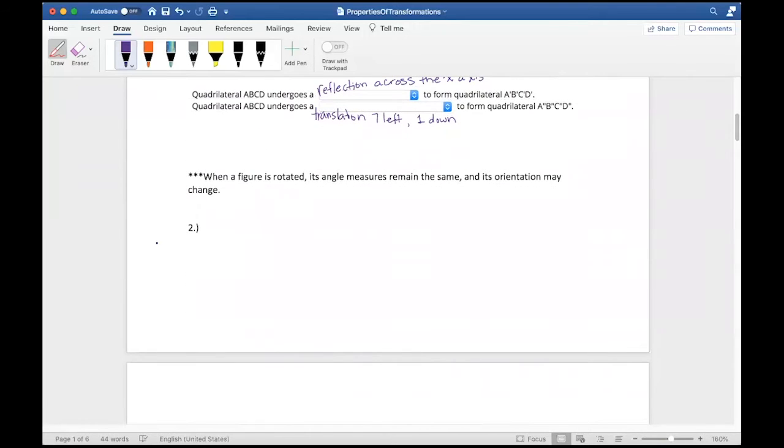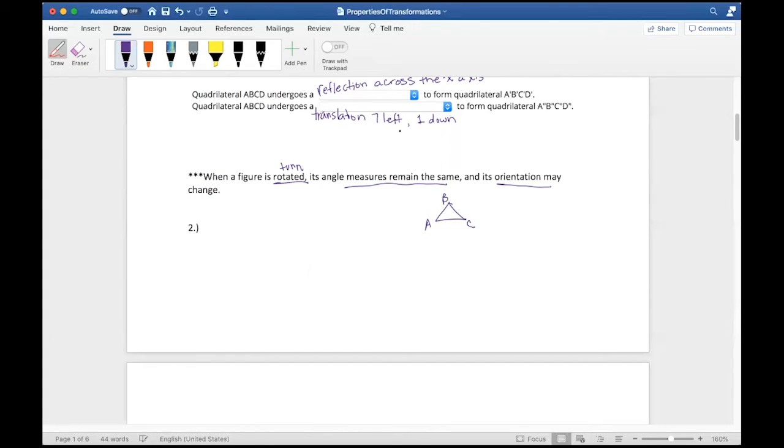Just another something to remember when a figure is rotated, and so that means it's going to be turned, its angles will stay the same. So the shape itself stays the same. Orientation may change. So that means just the way that it's turned. So for instance, here again I have, let's say, my triangle ABC.